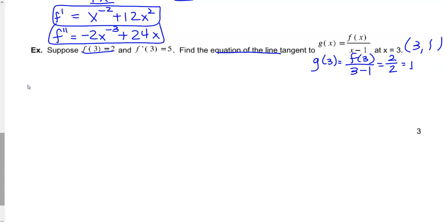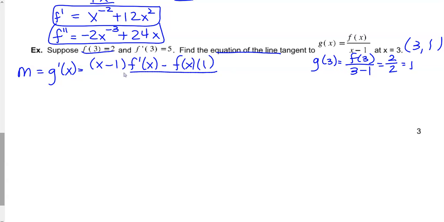Now, that's what I need to write the equation, but I also need the slope, which is going to be the derivative of that function. So this is a quotient rule, so I'm going to have to do a little bit of that ho d high stuff. So I'm going to take ho d high, and I'm just going to write it as f prime of x, minus high, which is f of x, d ho, well, the derivative of the bottom is a 1, all over that denominator squared.